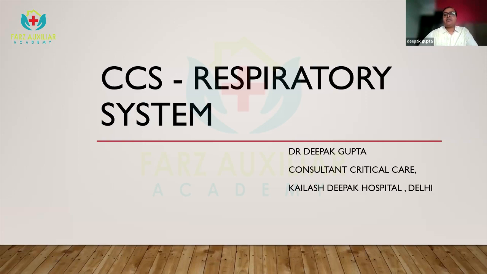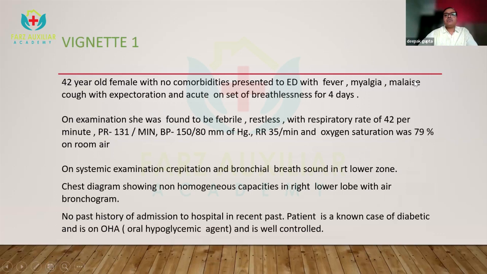As the EDIC 2 format is, this is the way the case comes to you. This is vignette 1. In this, the presentation of the case is given. This is a 42-year-old female with no comorbidities, presented to the ED with fever, myalgia, malaise, cough with expectoration, and acute onset of breathlessness for 4 days.